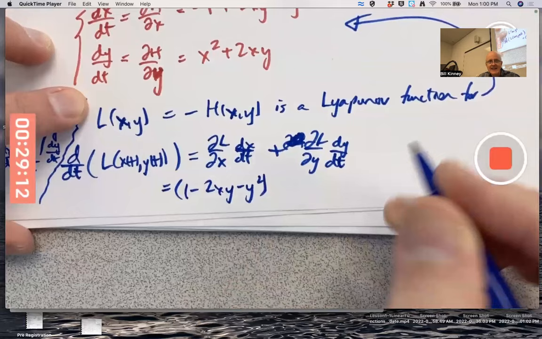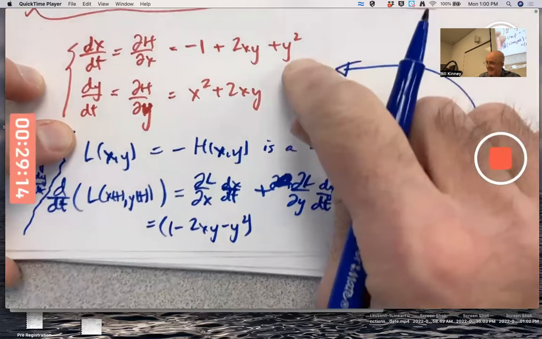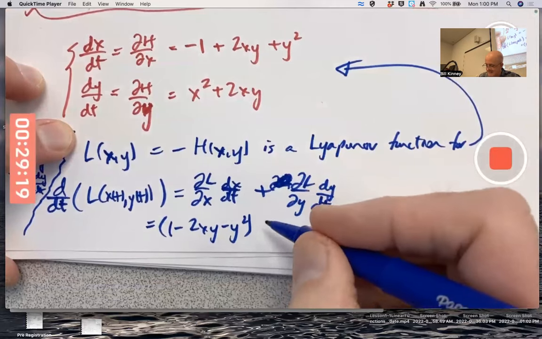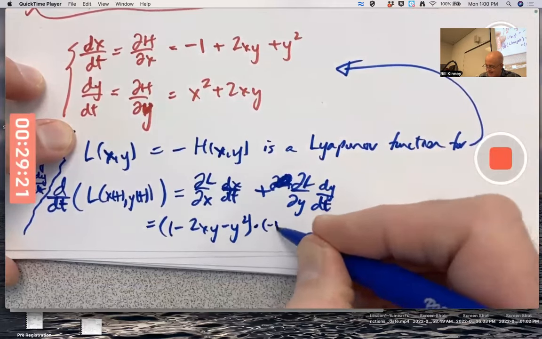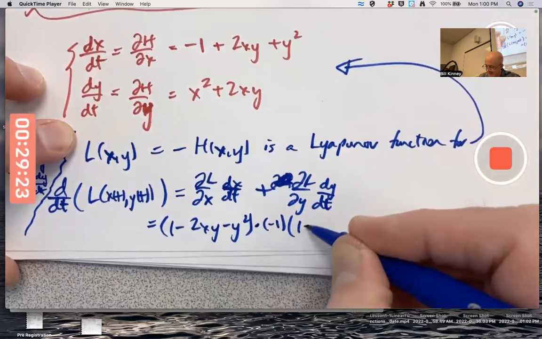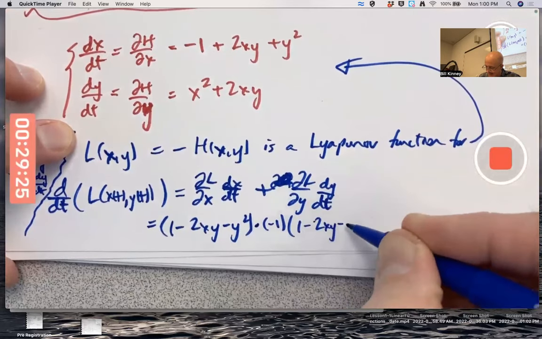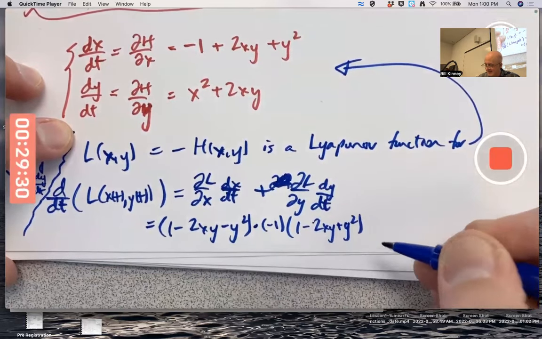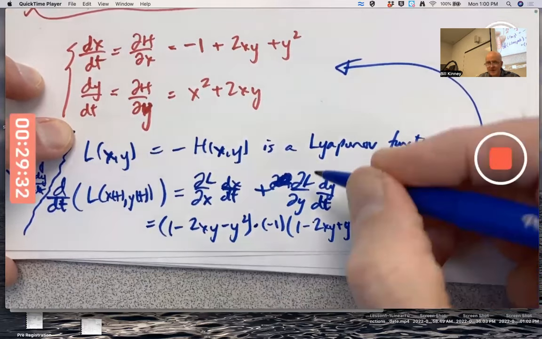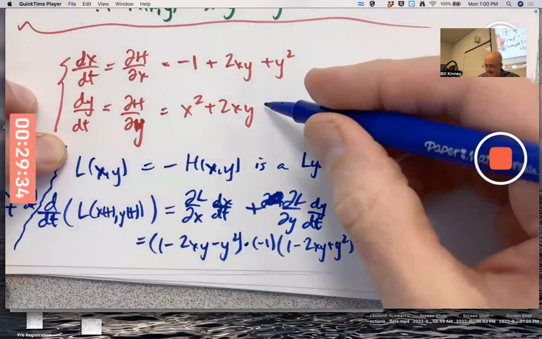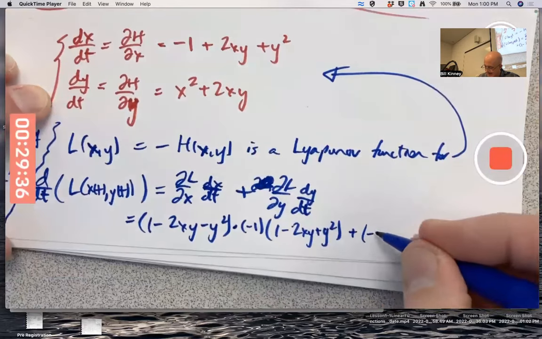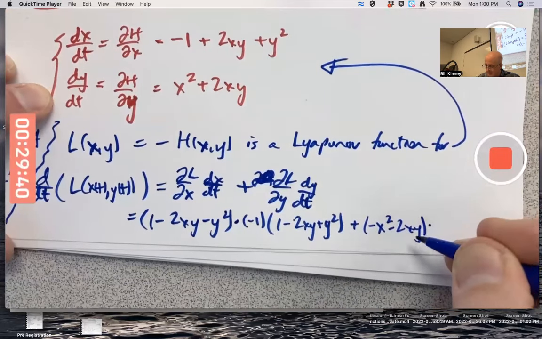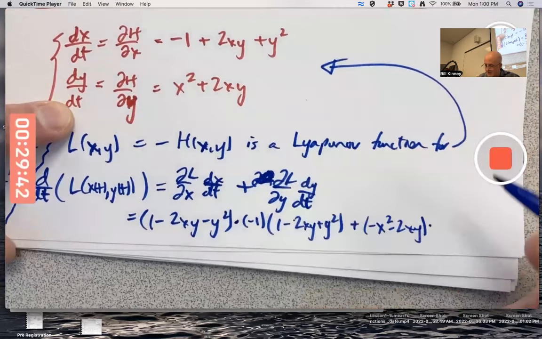What's dx/dt? dx/dt is this thing. Let me pull its negative sign out as a -1. And the partial of L with respect to y is the opposite of this thing. And the derivative of y with respect to t, by the differential equation, is this thing.